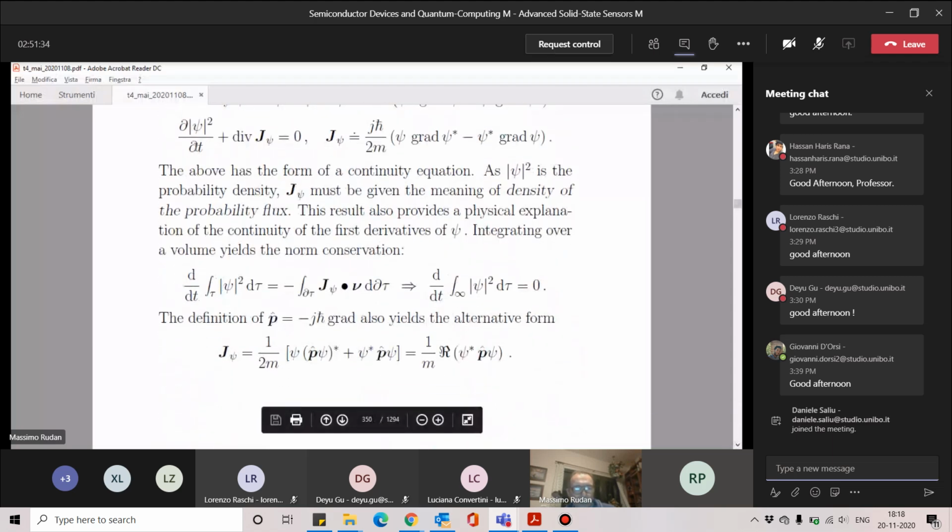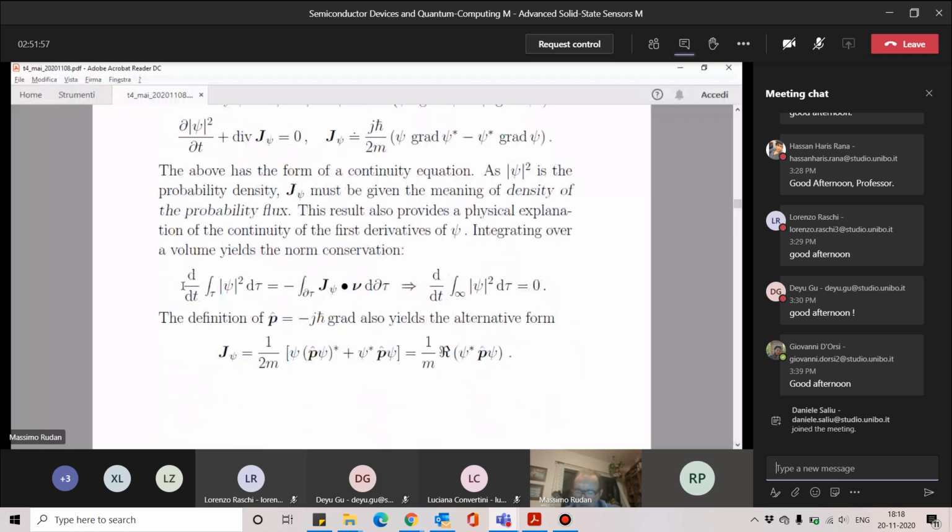When you integrate over a volume, you can exchange the time derivative with the integration over the volume. So the integral on the left-hand side, you remember that integrating psi modulus square over a volume is the probability to find the particle inside the volume.